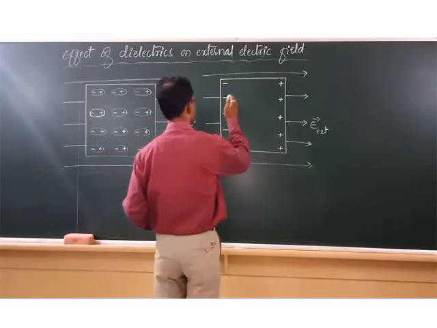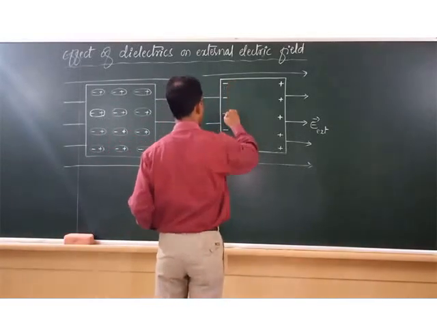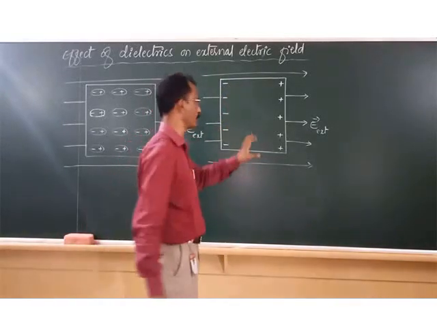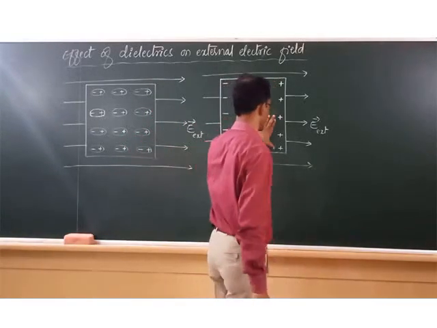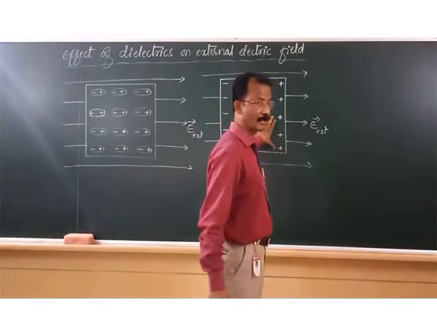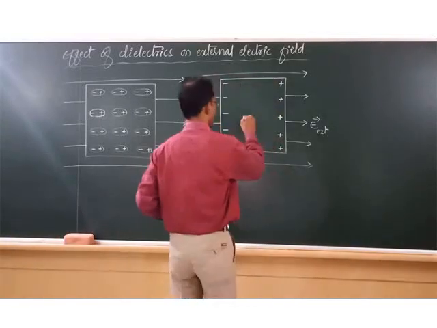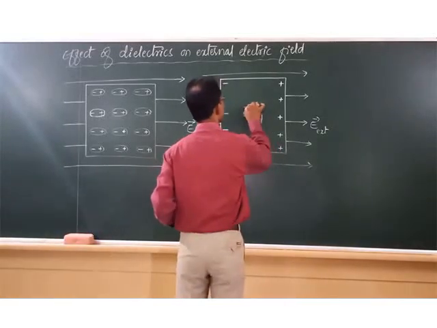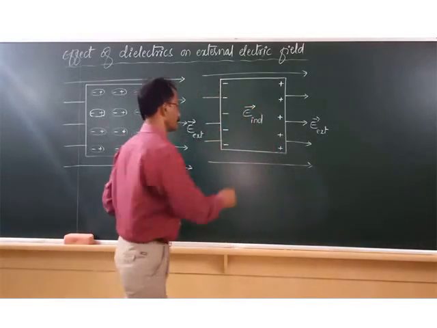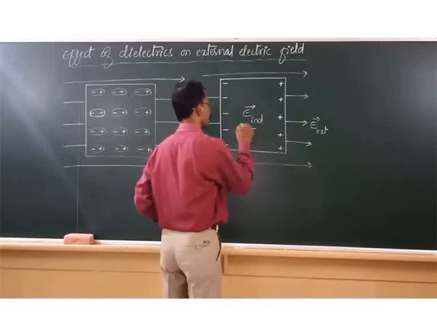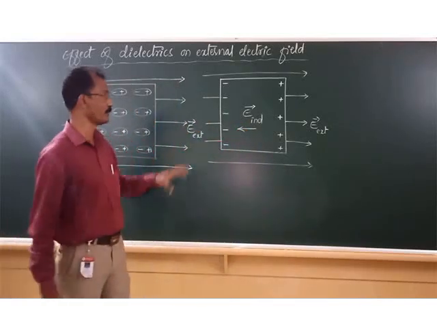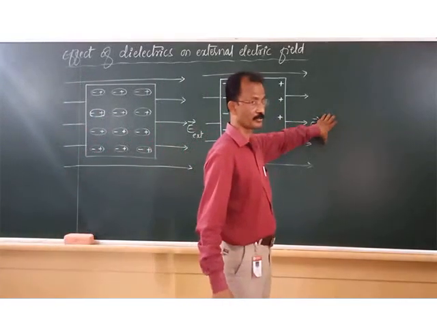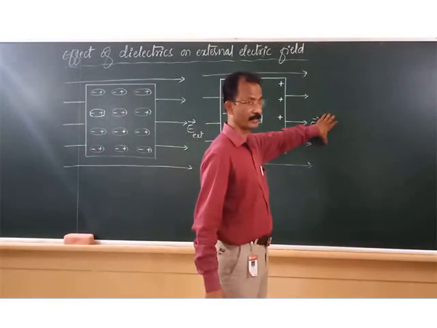As a result, negative charge is produced at one end of the slab and an equal amount of positive charge at the other end. As a result, an electric field is induced inside the slab which opposes the external electric field.